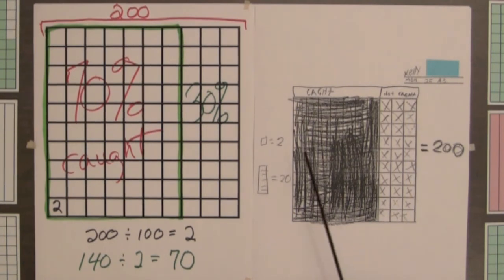Kelly shows that a small square has a value of 2 and a column has a value of 20. She explains 140 is 60 less than 200, so just count back 60. And she uses 2 types of shading, one for the frisbees that are caught and one for the frisbees that are not caught.